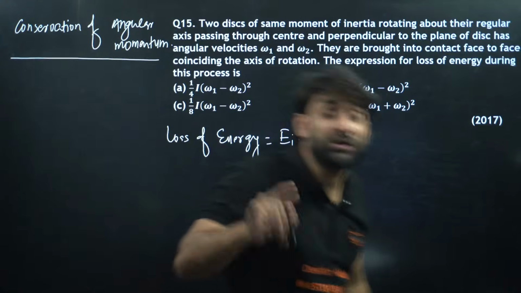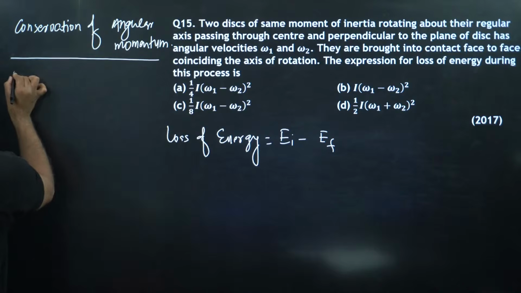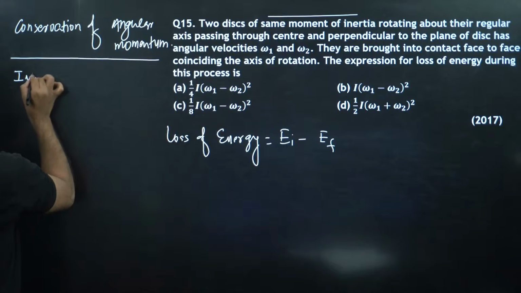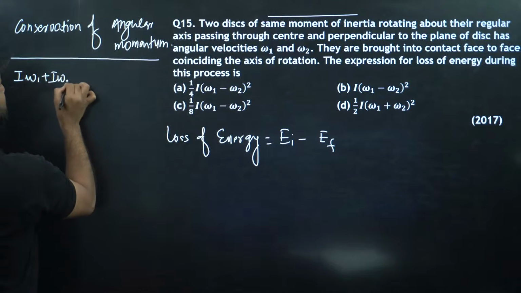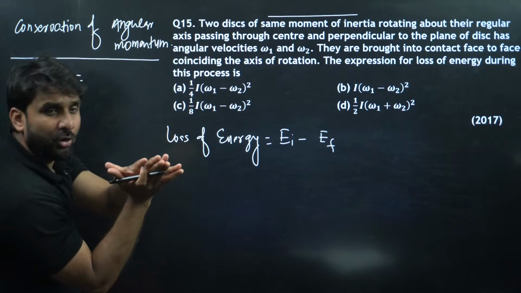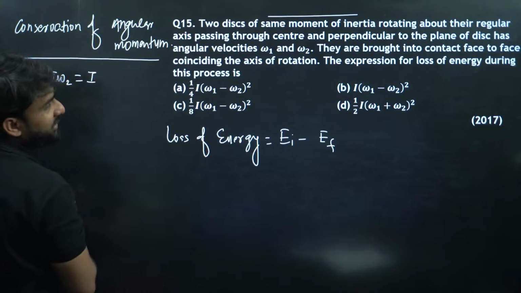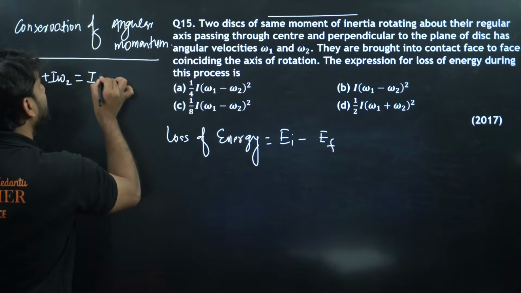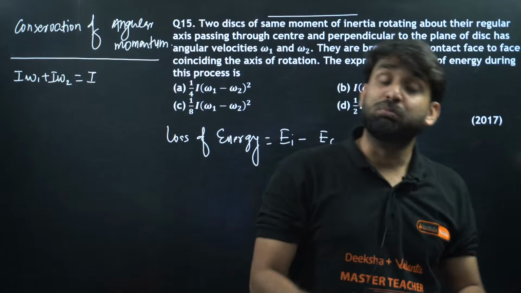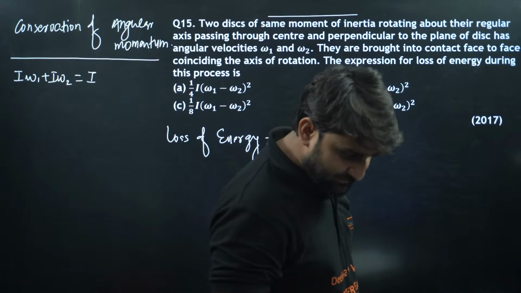Initial situation in which both the disks are separated from each other. The moment of inertia is the same, no? So I omega 1 plus I omega 2 is the total angular momentum before bringing them in contact with each other. After bringing them in contact, the moment of inertia will remain I and omega will also be the same, because both disks are in contact with each other. But the final moment of inertia, who is this?